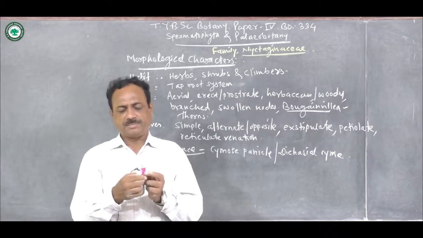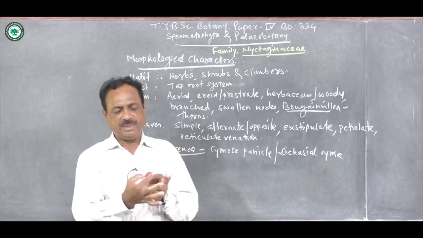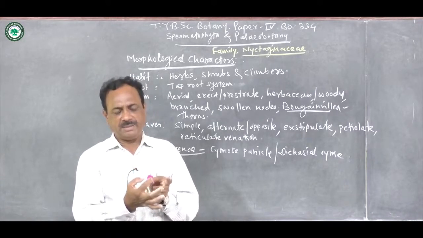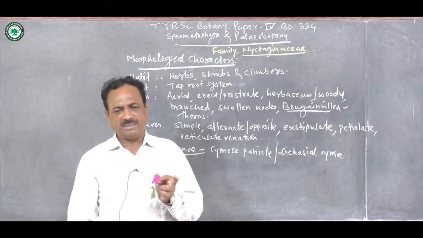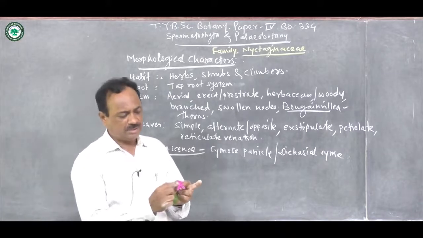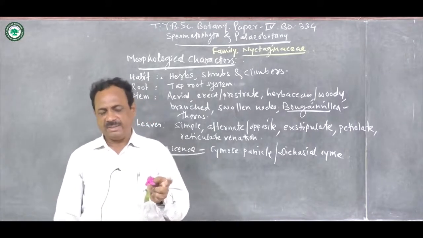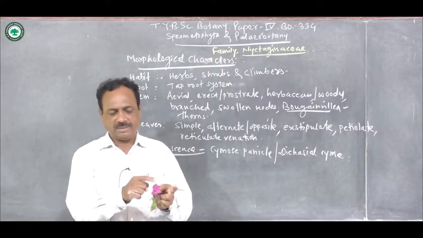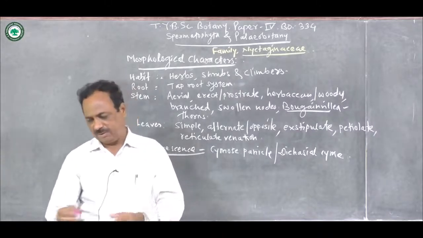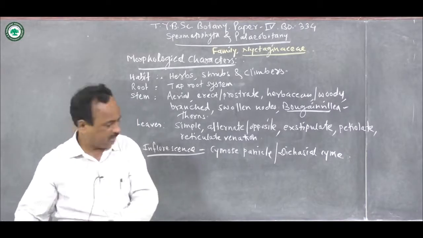Here the older flower is present at the apex, and at its base the younger flowers are present, and two branches are produced at the base of the older flower, so it is known as the dichasial cyme. Older flower at the apex, younger at the base. So it is the dichasial cyme present in the family Nyctaginaceae.